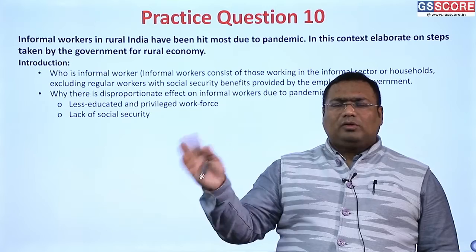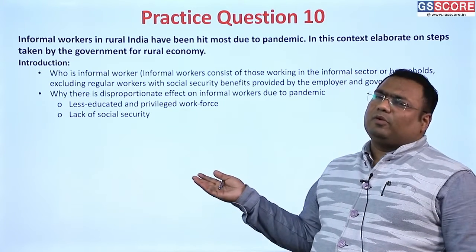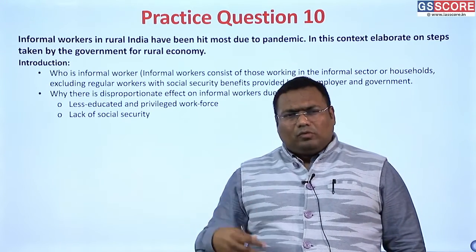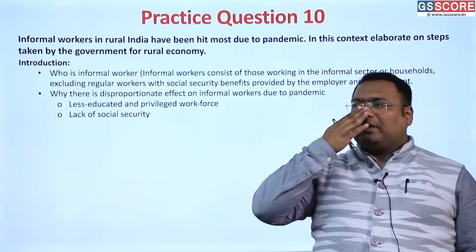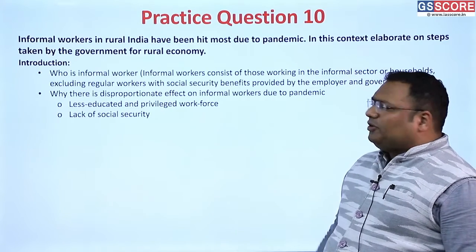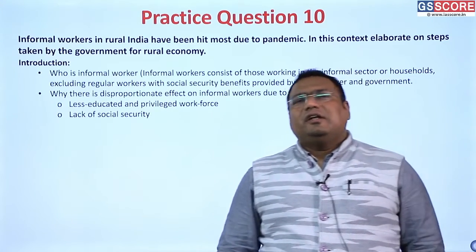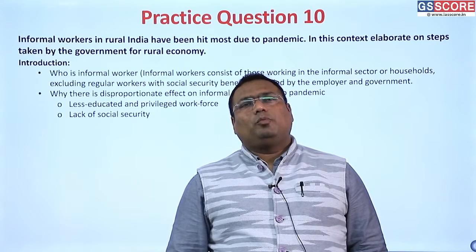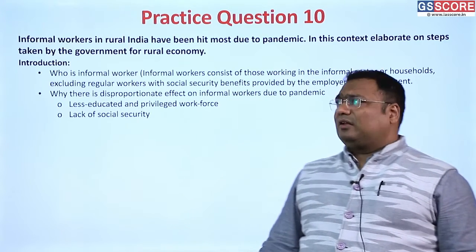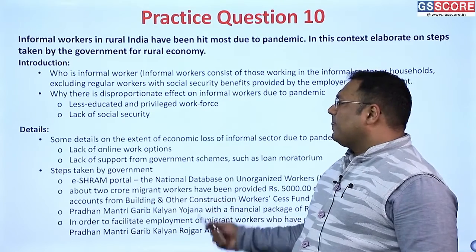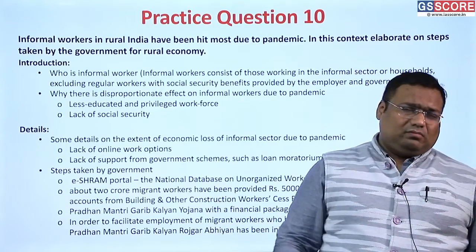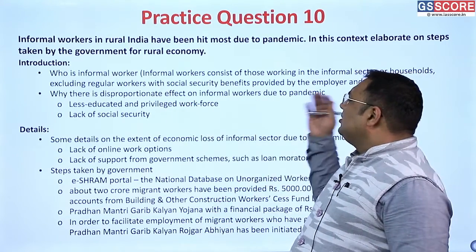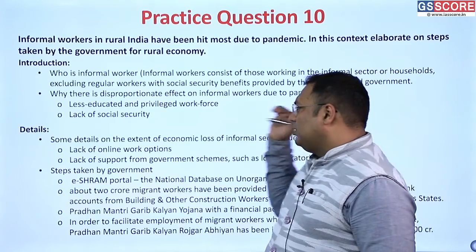I'm not saying all the poor people or all the people in the informal sector are like that, but this happens to some people in that. So that is an issue. And then secondly, the nature of the work that they perform cannot be performed on computers online, that is also an issue. So you talk about why there is a disproportionate impact, ज़्यादा impact क्यों पड़ा.